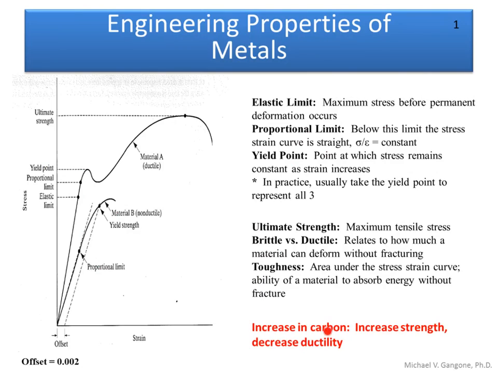However, when you add carbon, you increase strength, but you decrease the ductility. Okay, so the ductility of the steel, or the metal, reduces significantly as the carbon content increases. All right, so there's a little bit of a trade-off with carbon content: it helps with strength, but it decreases ductility. And that ductility might be something that's very important in your design application, so you want to make sure you keep that in mind.